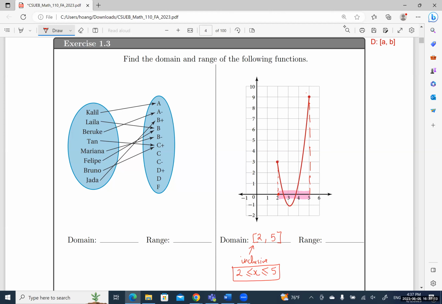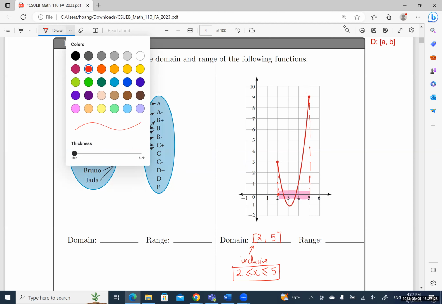For the range, you can go ahead and pause my video and try it. Make sure to do a vertical check.